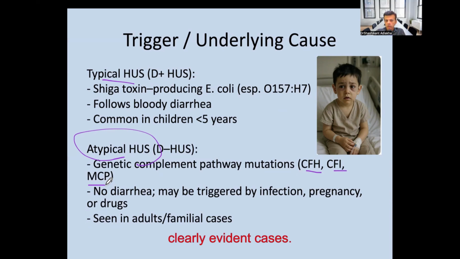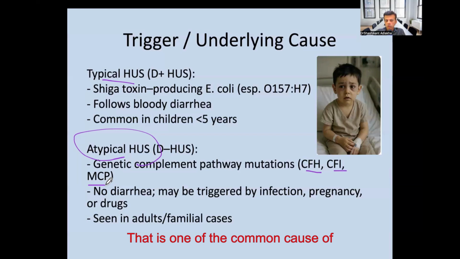But many times it could be spontaneous without any clearly evident cause. So generally no diarrheal episodes are seen here, because it is not associated with any kind of diarrheal infection, whereas the typical HUS is accompanied by bloody diarrhea because it is precipitated by eating hamburgers or undercooked beef.